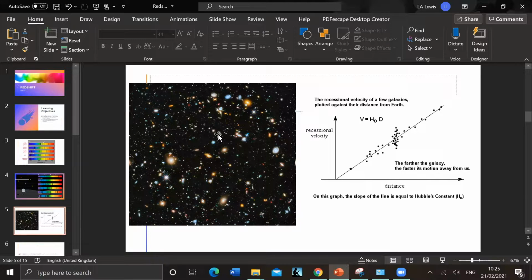We could plot all of the distances, using stars to do that, and look at how fast the galaxies are moving away by their redshift. And the further the galaxy, the faster its motion away from us. So this led to the idea that the whole universe is expanding. Everything is moving further away from each other.